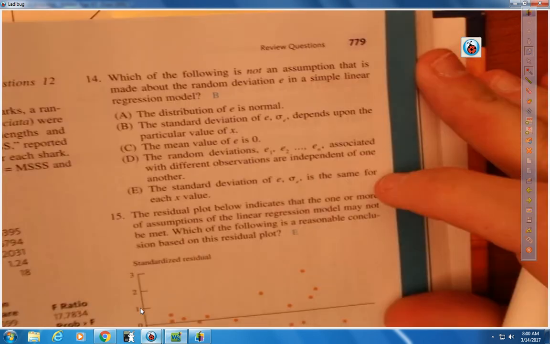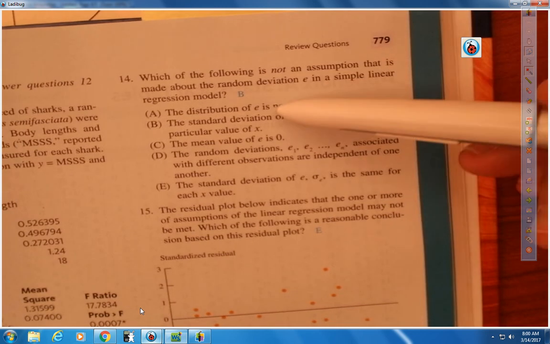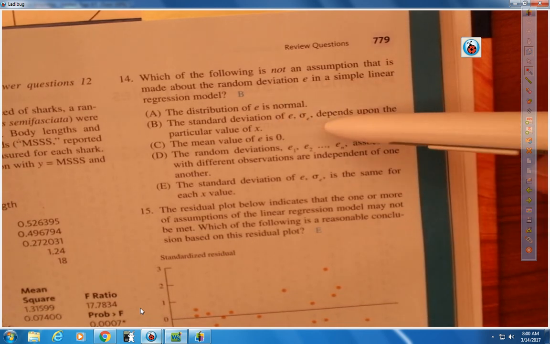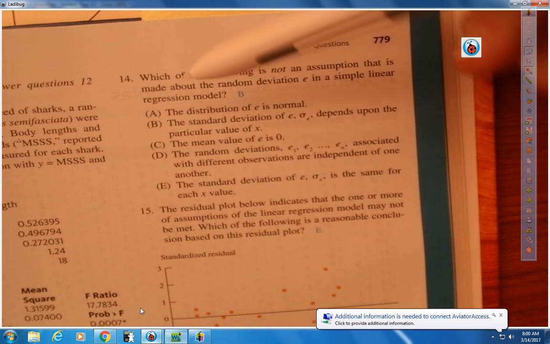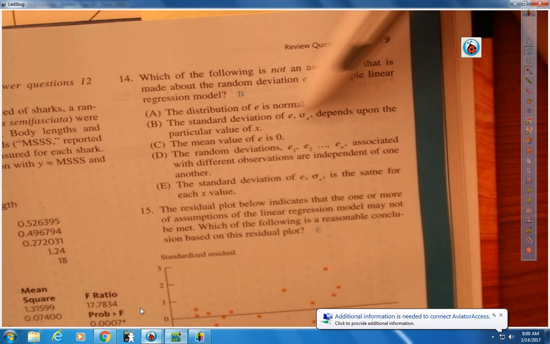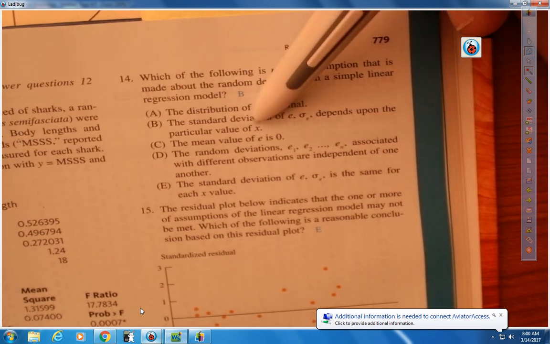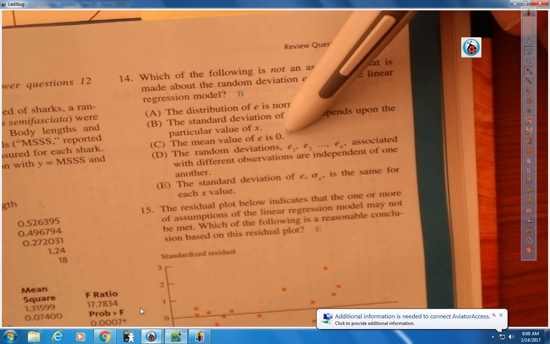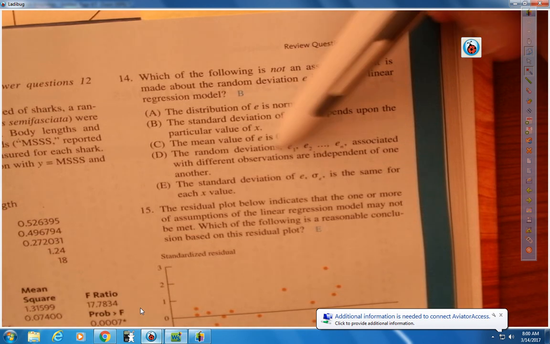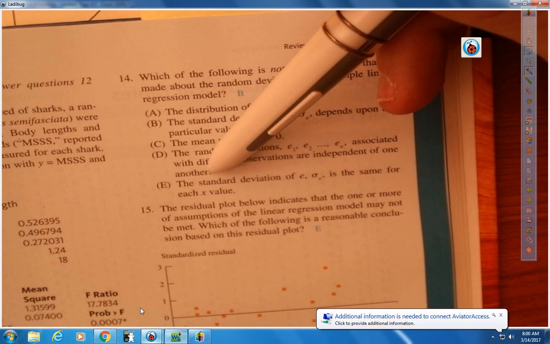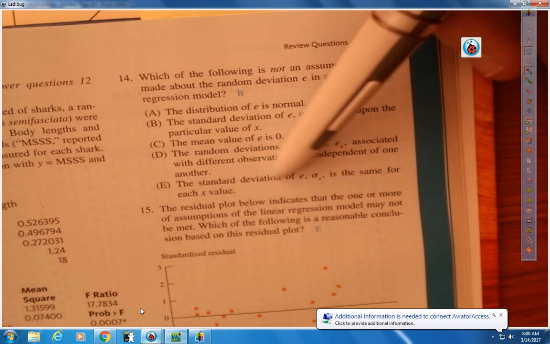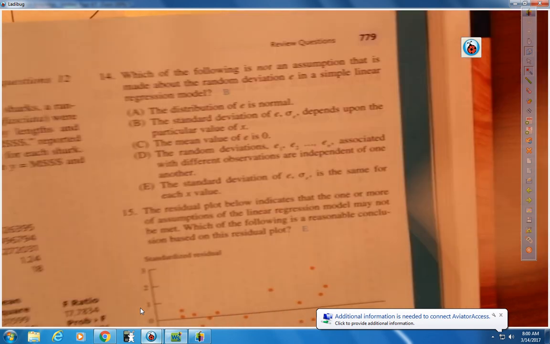Okay, so the distribution of E, the residuals, is normally distributed. That's something that is a condition, right? The standard deviation of the errors depends on a particular value of X. That was not a condition. The mean value of the errors is 0. That was a condition, right? Evenly scattered around 0. Random deviations associated with different observations are independent of one another. That was one of our conditions. And the last one was the standard deviation of E is the same, or we said approximately the same.